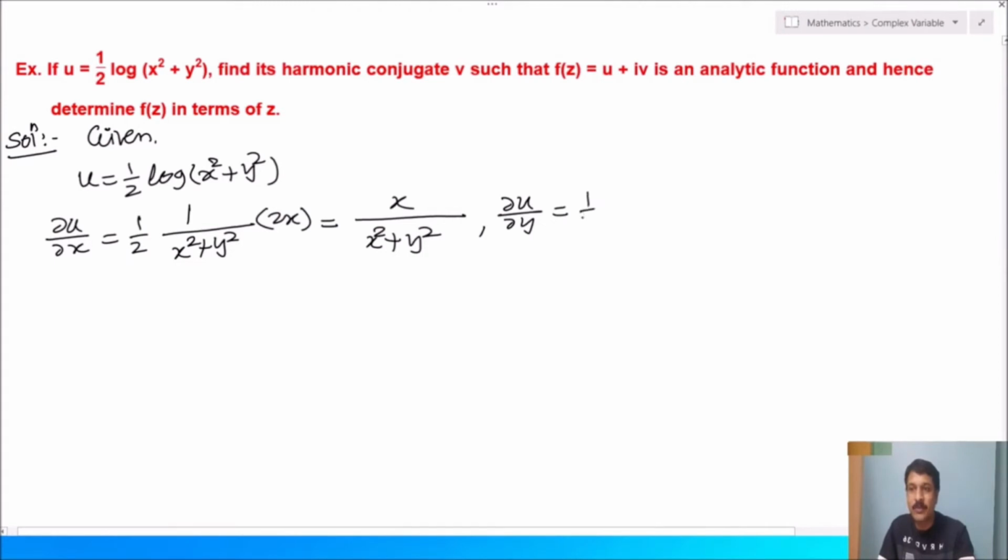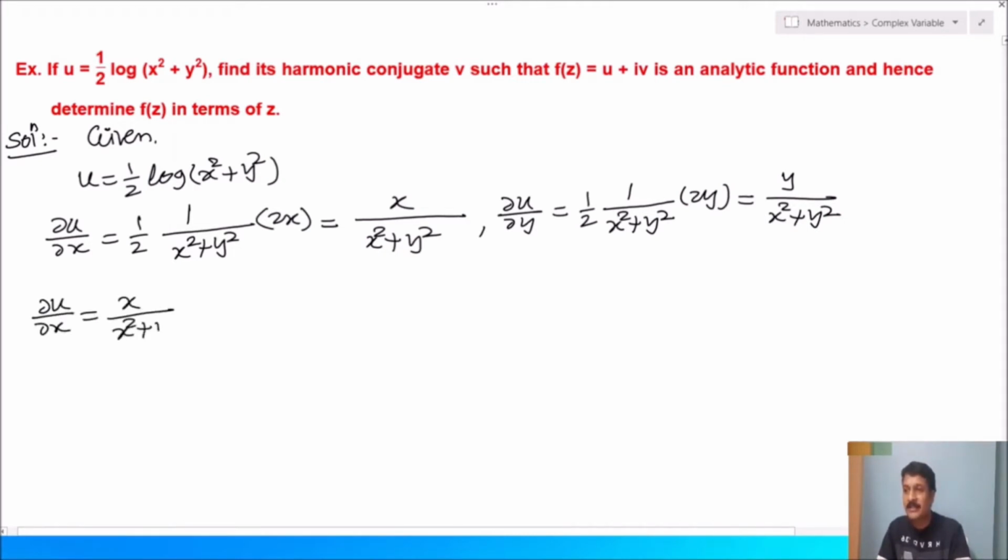That is equal to 1 by 2, 1 upon x square plus y square into 2y, which equals y upon x square plus y square. So I am getting del u by del x equal to x upon x square plus y square, and del u by del y equal to y upon x square plus y square. This is equation number 1.